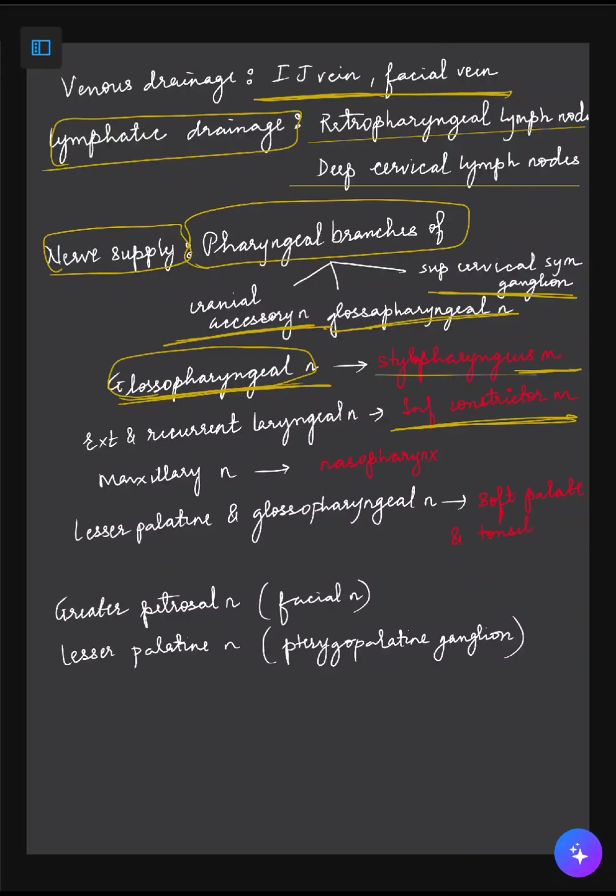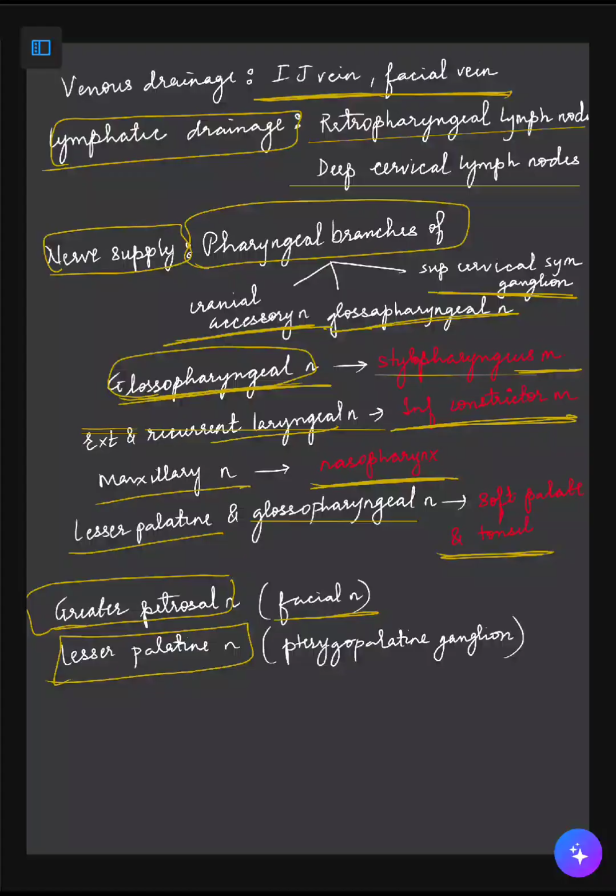Inferior constrictor muscle is external and recurrent laryngeal nerve. Nasopharynx is the maxillary nerve. Soft palate and tonsils are lesser palatine and glossopharyngeal nerve. Now facial nerve, which branch? Greater petrosal nerve, and lesser palatine nerve is a branch of the pterygopalatine ganglion.